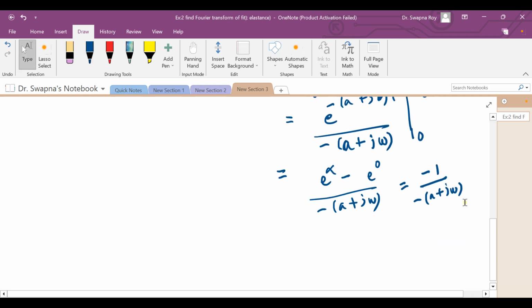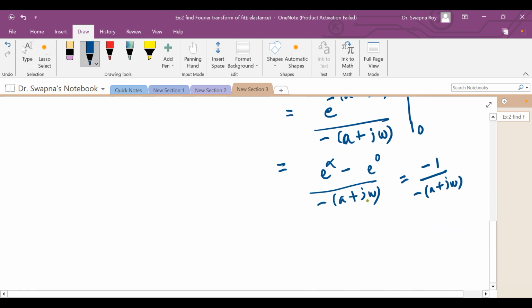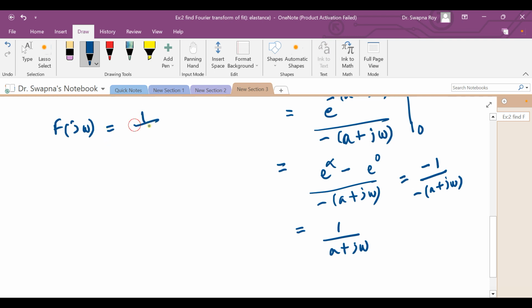So this is equal to 1 by (a + j omega). So F(j omega), the Fourier transform of f(t), is equal to 1 by (a + j omega).